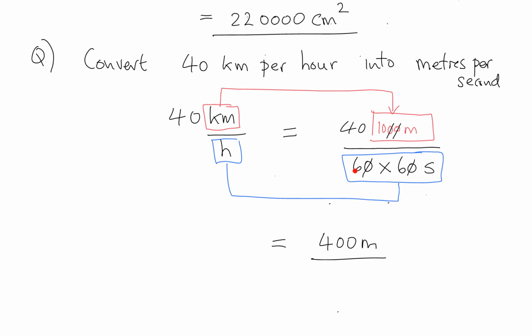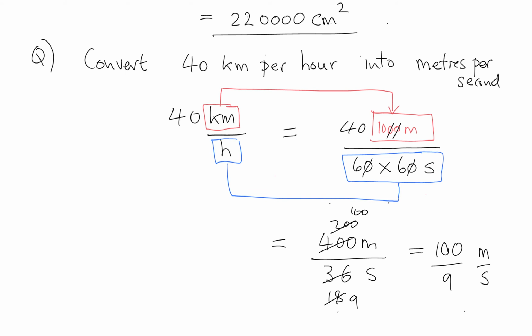We're left with 6 times 6, which is 36. And we're left with seconds. So now we just cancel down. Half of 400 is 200, half of 36 is 18, half of 200 is 100, half of 18 is 9. So it's 100 divided by 9 metres per second.